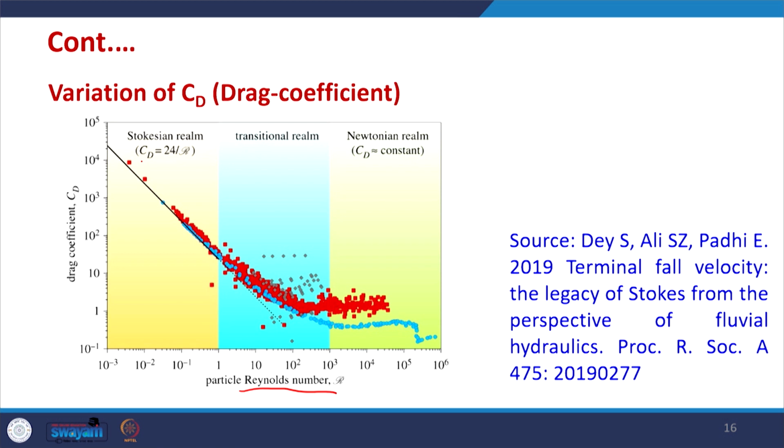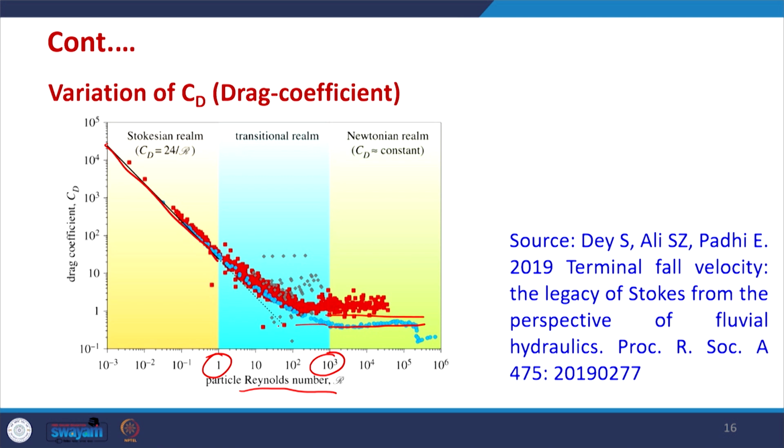C d decreases linearly up to a certain range, which is around a particle Reynolds number of 1, or 1 or 2. So, this is linear. After that, in the later stages, when the particle Reynolds number is greater than 10 raised to 3, this C D is virtually constant.